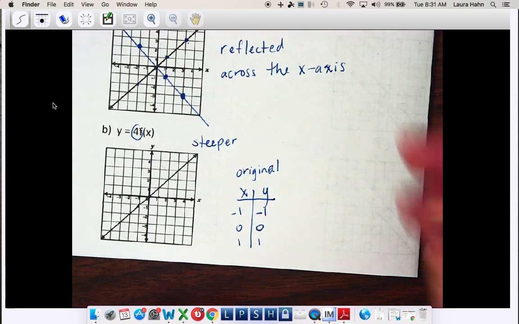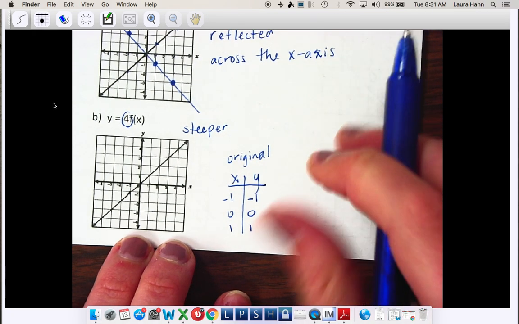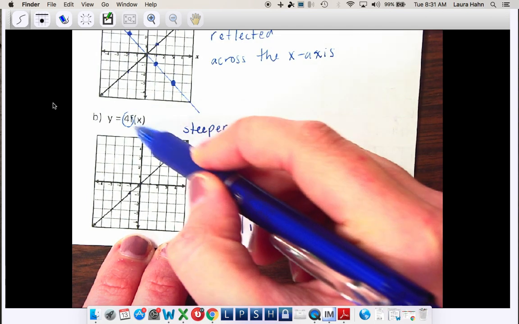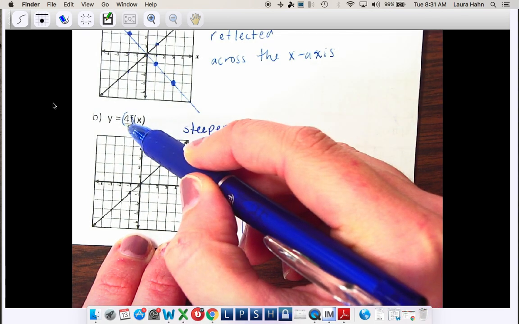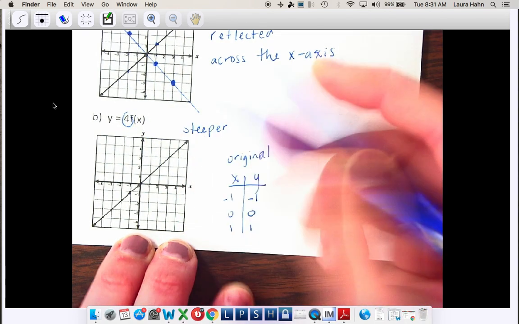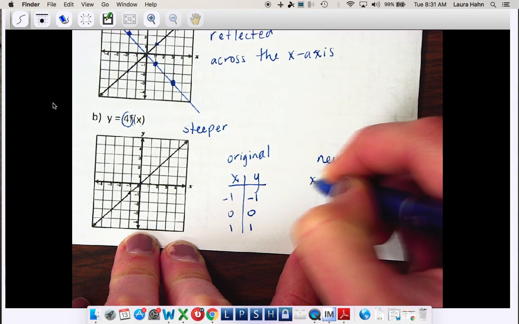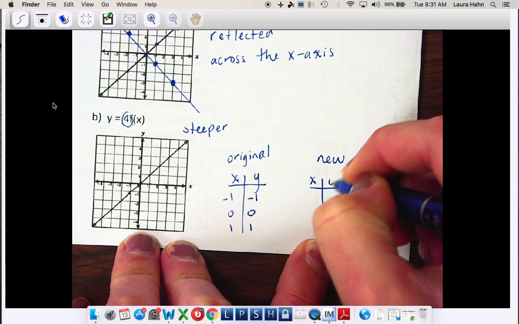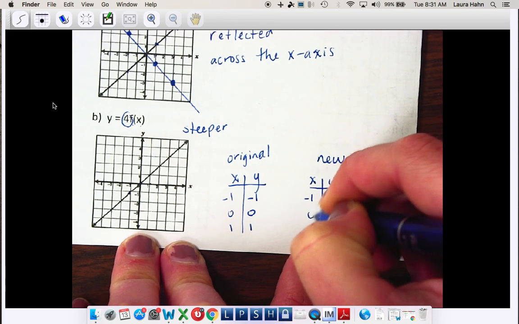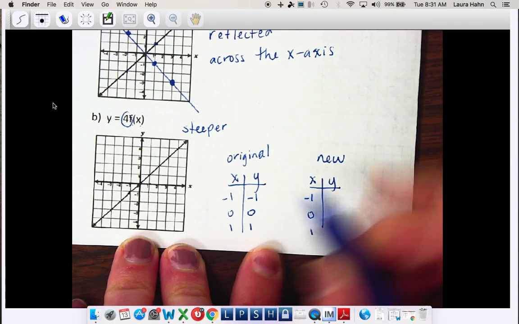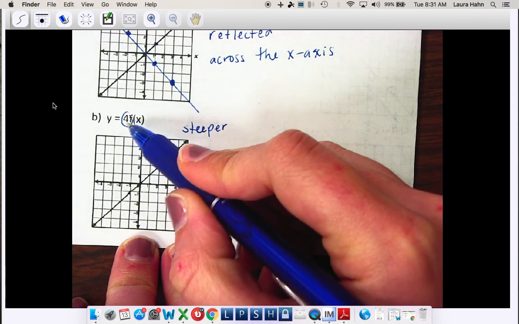Okay. So we know that f of x means y, so really what we're doing is we're taking 4 and multiplying it by the y value. So we're going to find our new points. So we had -1, 0, 1. My original y was -1, but I'm going to multiply it by 4.